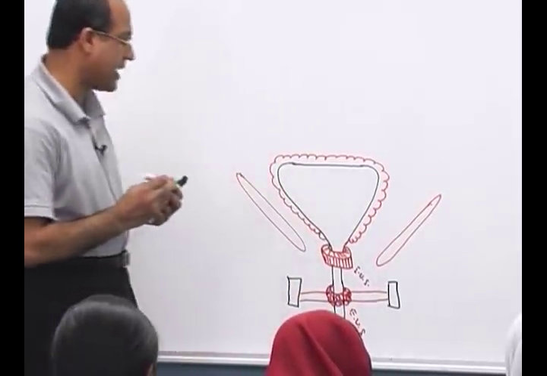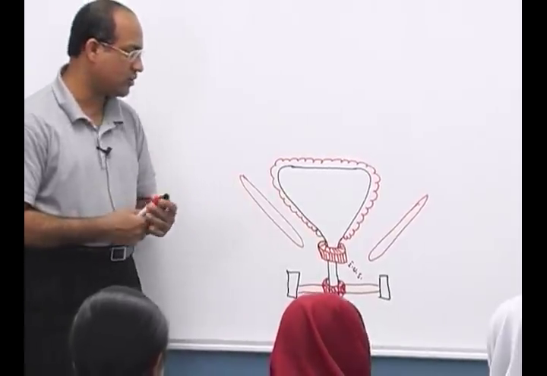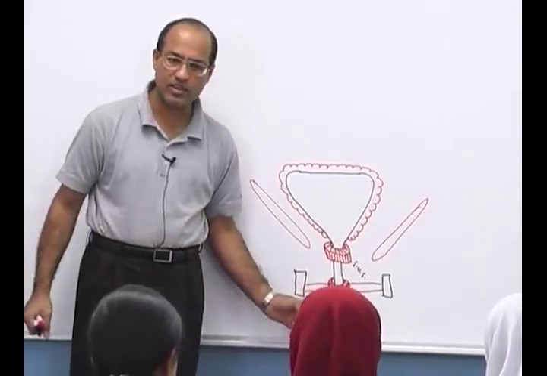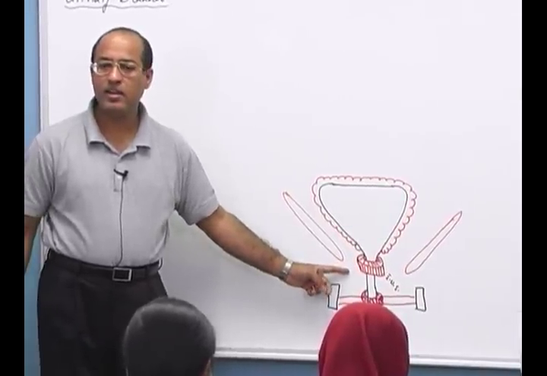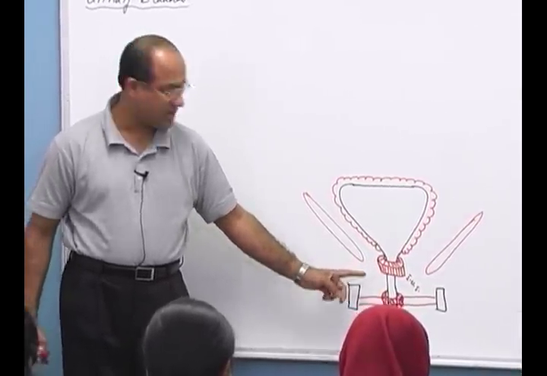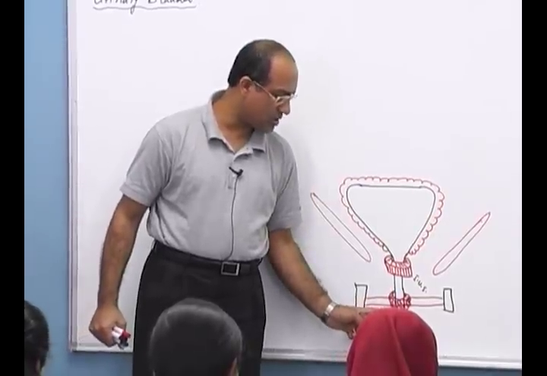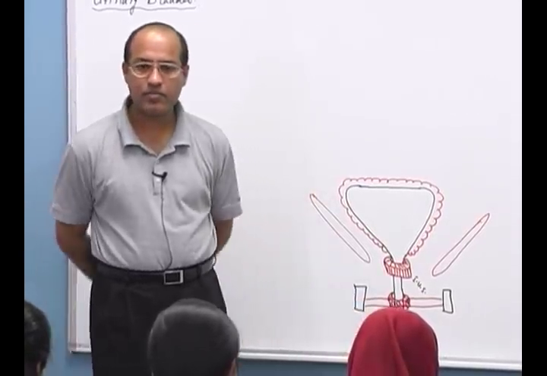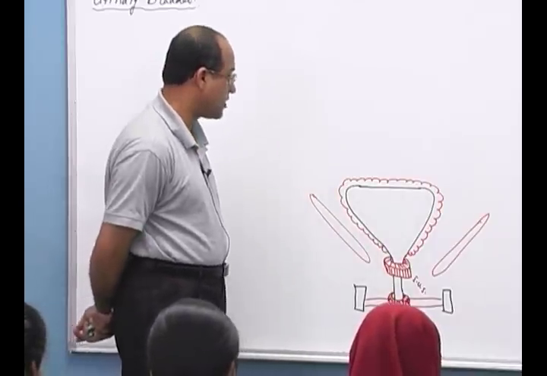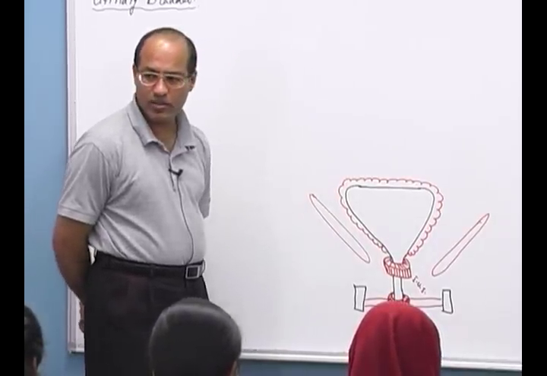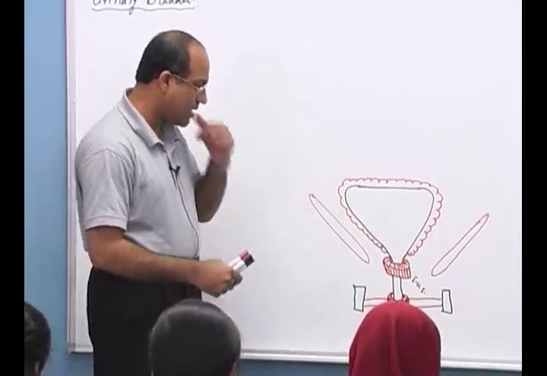One thing which is a very big difference in the internal urethral sphincter and external urethral sphincter is that internal urethral sphincter is working automatically, involuntarily, and external urethral sphincter is working under voluntary control.